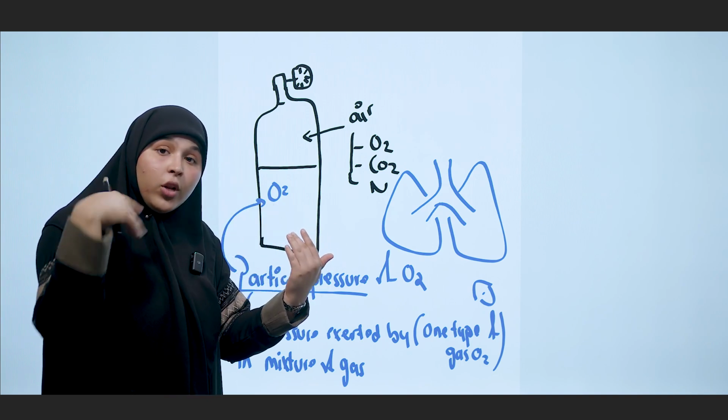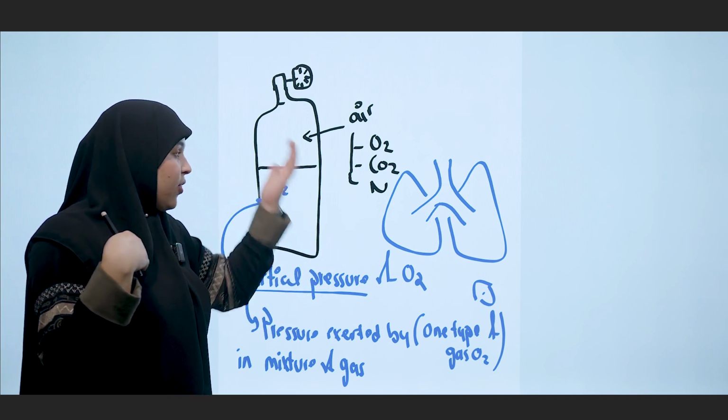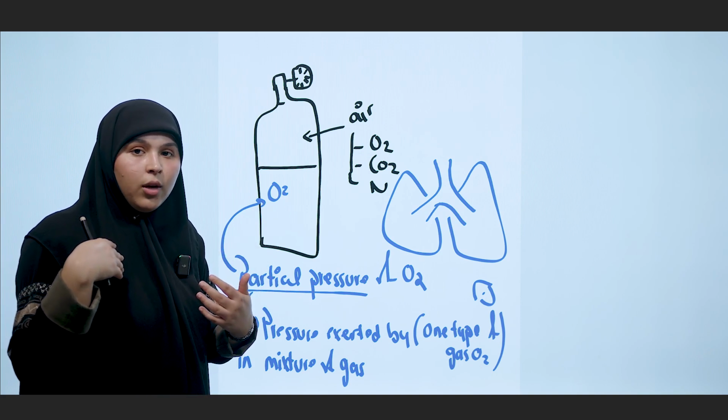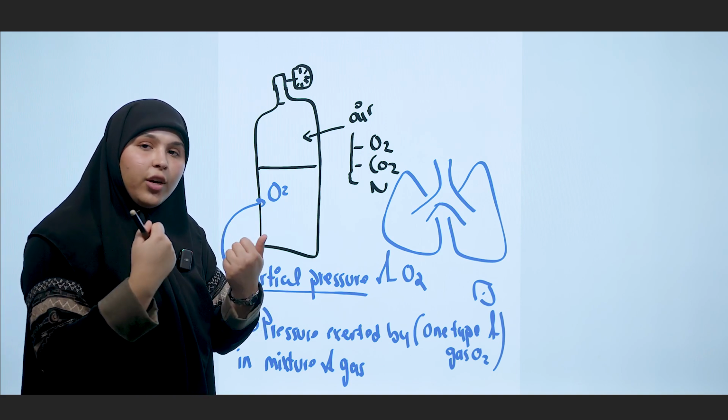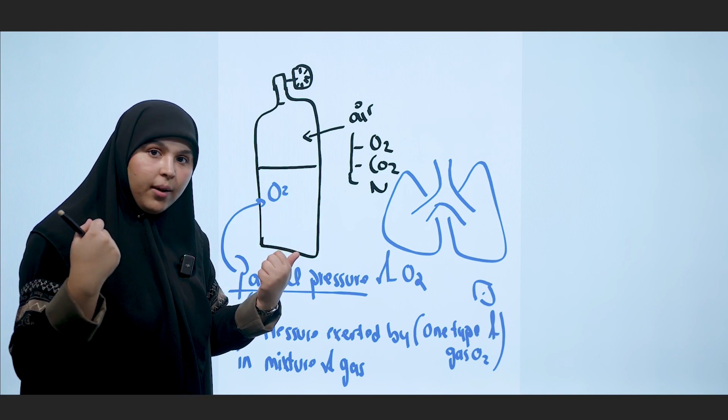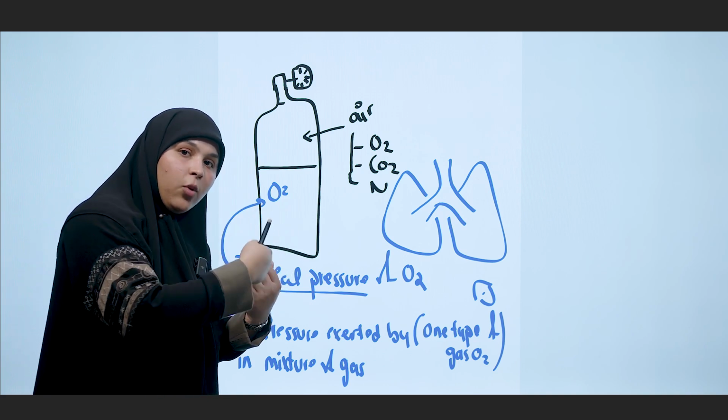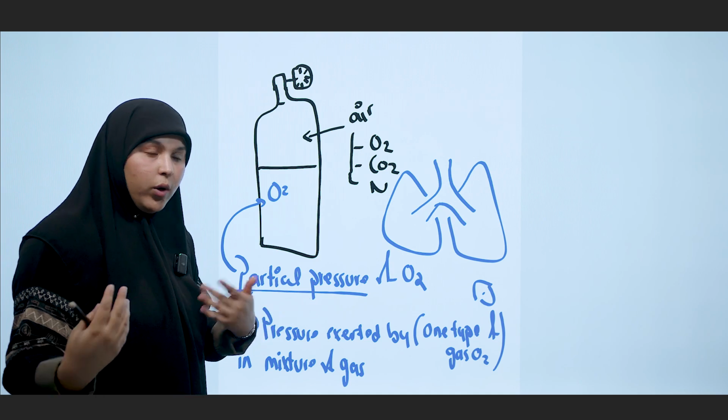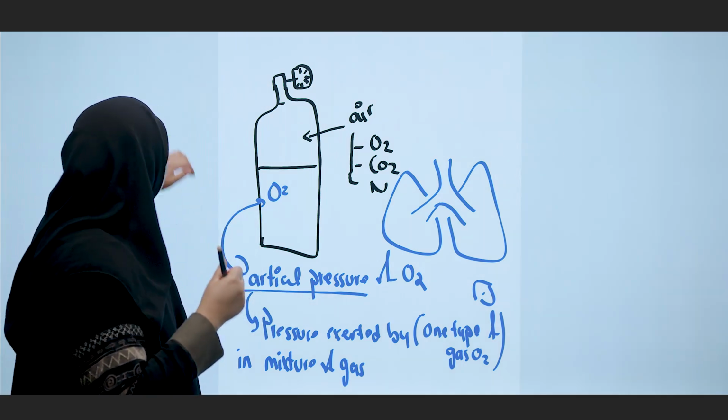And vice versa. The lower the partial pressure of oxygen, the lower the affinity of hemoglobin to bind to it. You don't want to have high affinity all the time, because you want to load the hemoglobin and you want to unload the hemoglobin where we need oxygen.